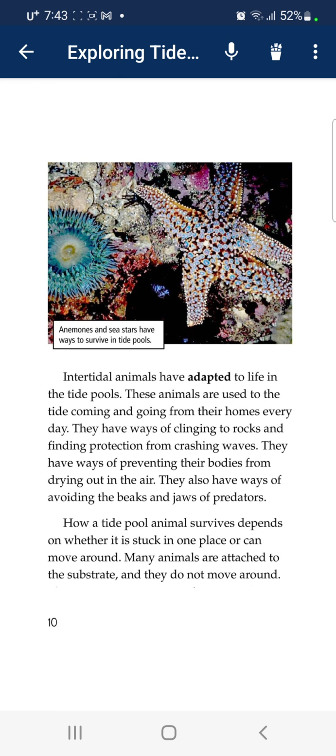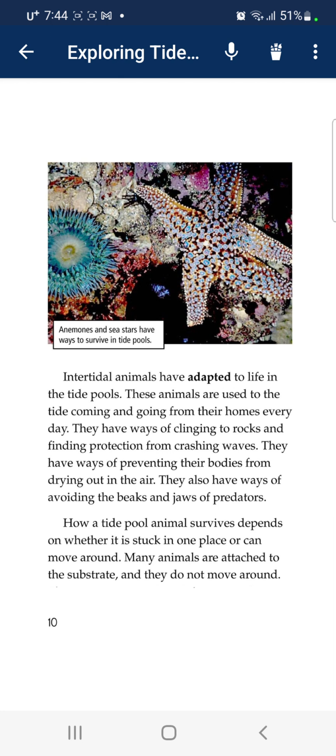They have ways of preventing their bodies from drying out in the air. They also have ways to avoid the beaks and jaws of predators. How a tide pool animal survives depends on whether it is stuck in one place or can move around.